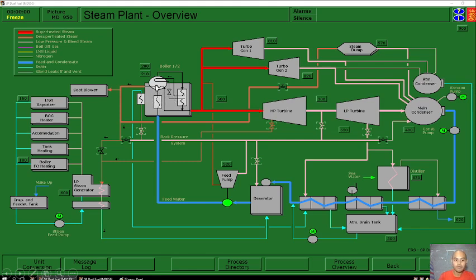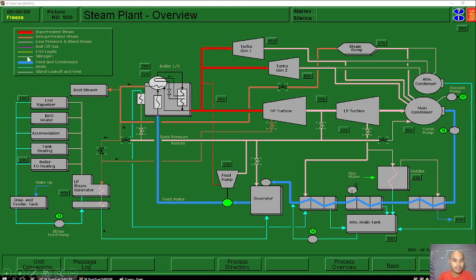Those boil-off gases, the vapors, can be used to fuel the boiler. That vapor is what is burned in the boiler so it can create steam.